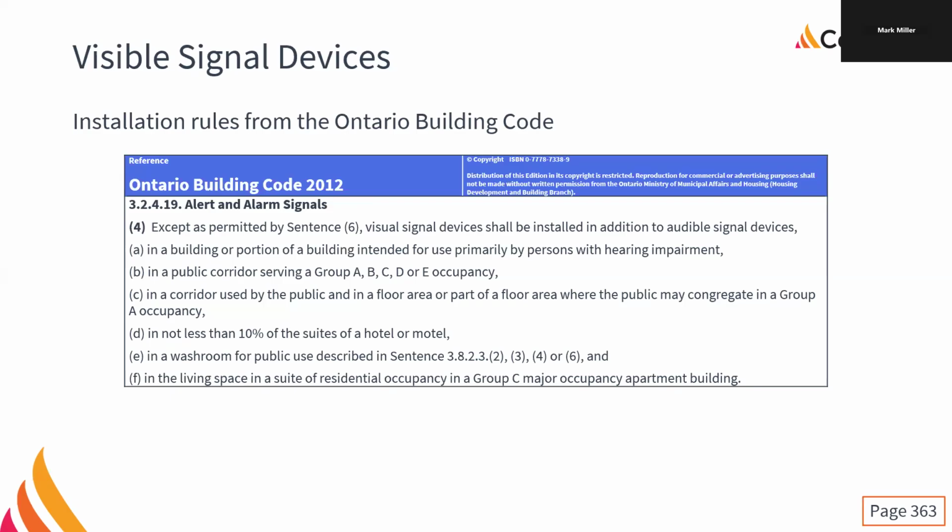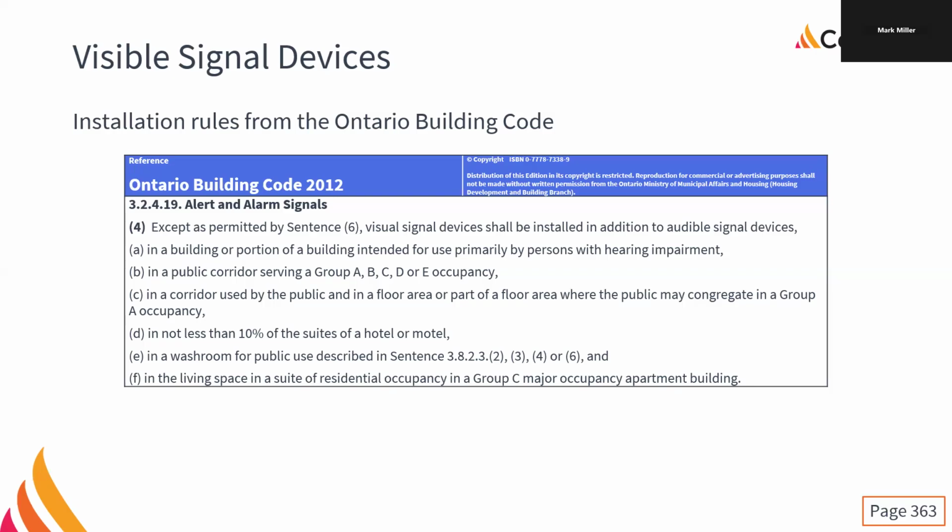But in addition to that, we have to add visual signal devices in buildings or portions of buildings intended for use primarily by persons with hearing impairment. So in Brantford, there is a school for the deaf and hard of hearing. There's strobes everywhere.